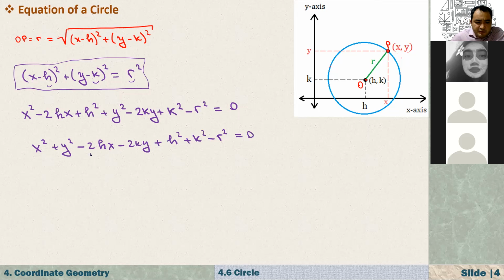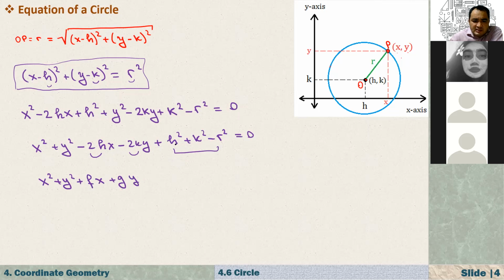So these are just numbers. This is also just a number, right? So if I use some other numbers for this, for example x squared plus y squared, instead of minus 2h, let's just write A x. Instead of minus 2k, let me write B, because it's just a number, times y.